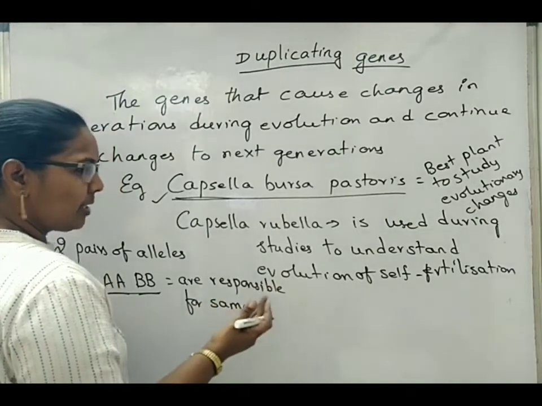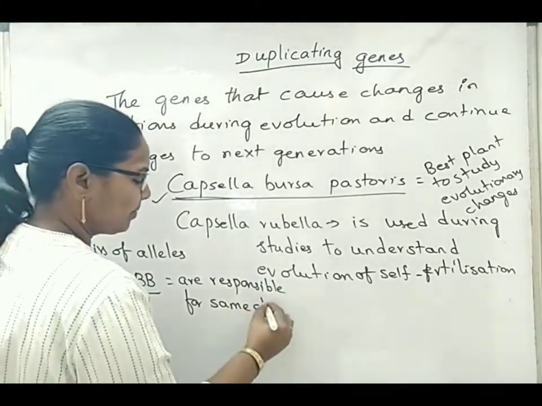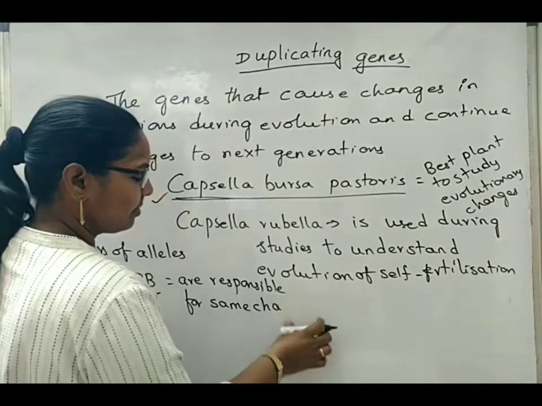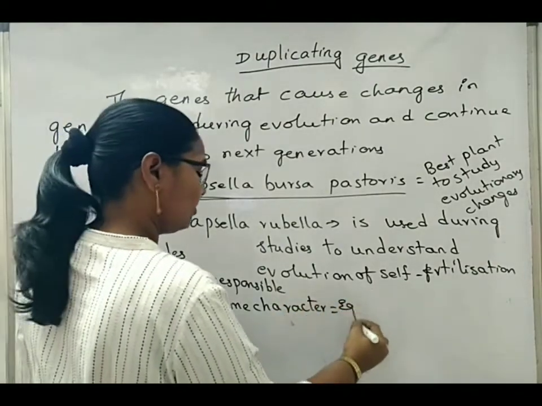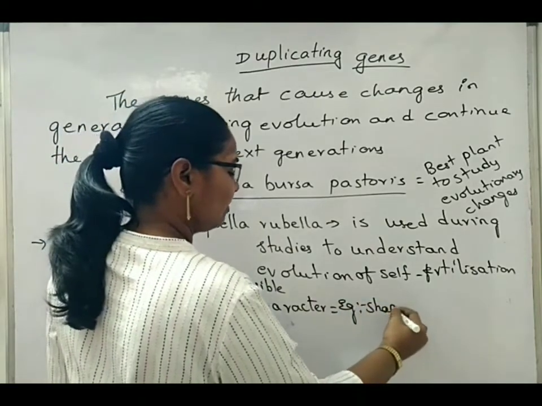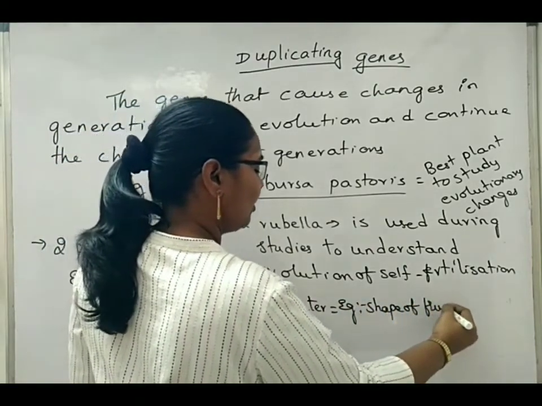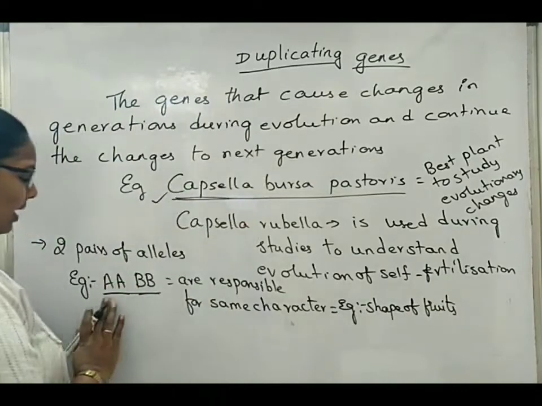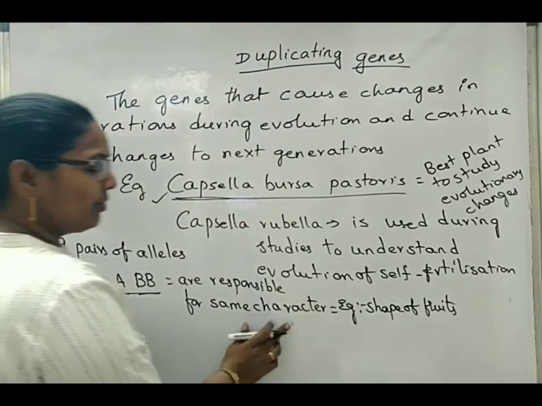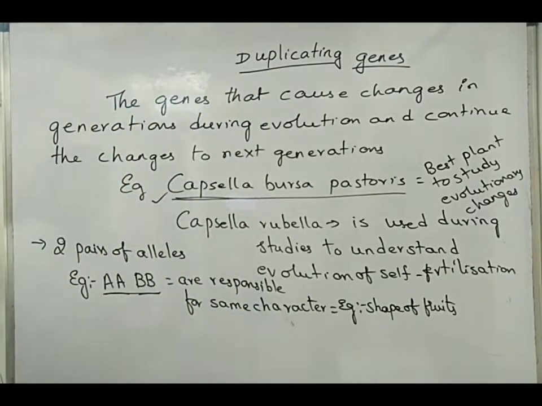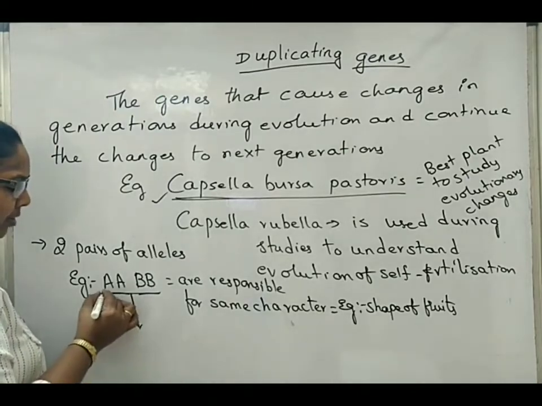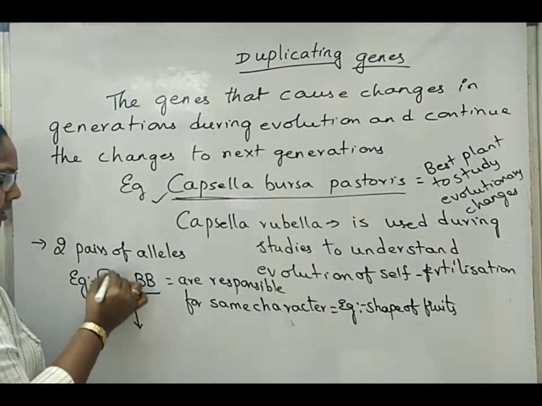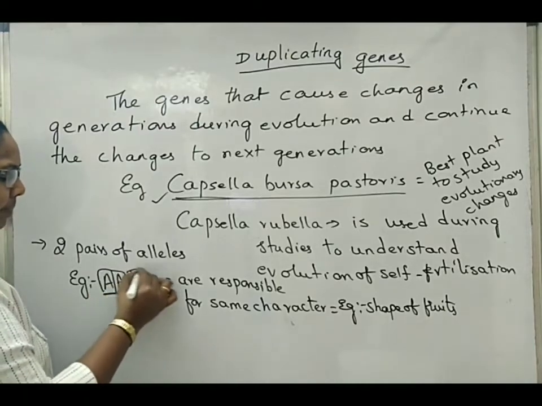Suppose you take the shape of the fruit. It means that though the allele pairs may be different, they are coding for the same type of character, phenotype or trait.